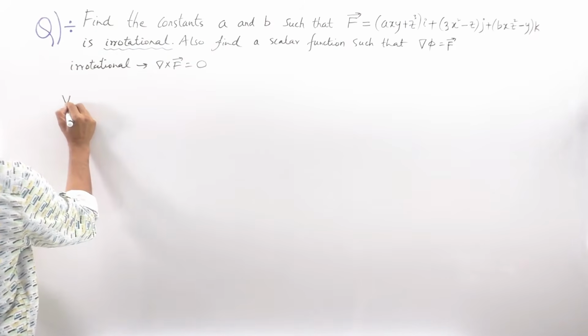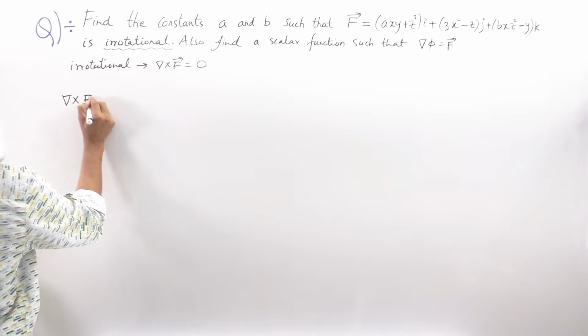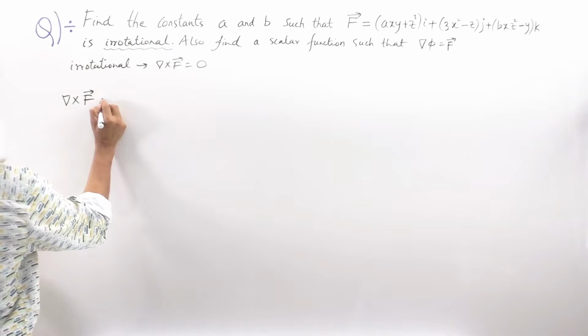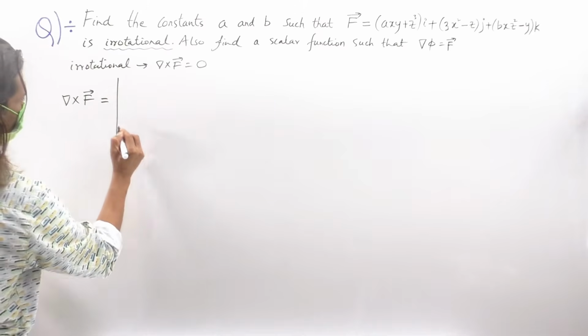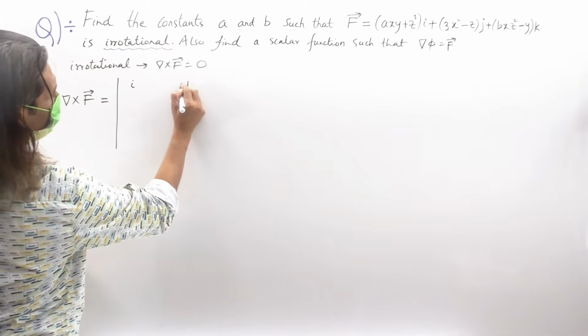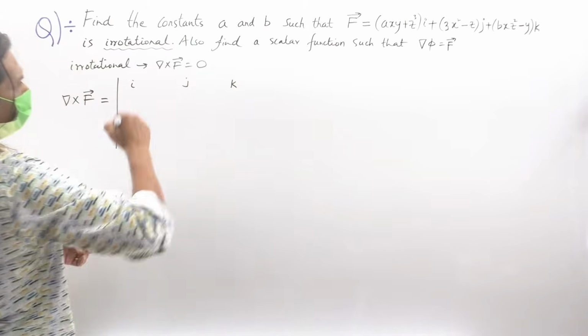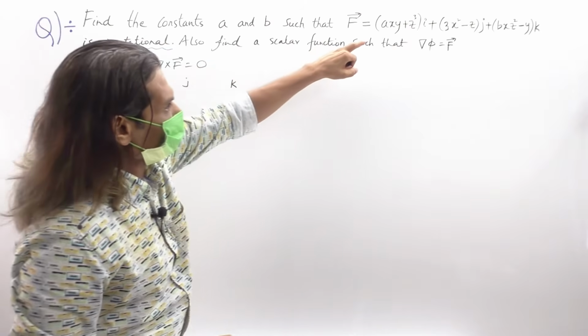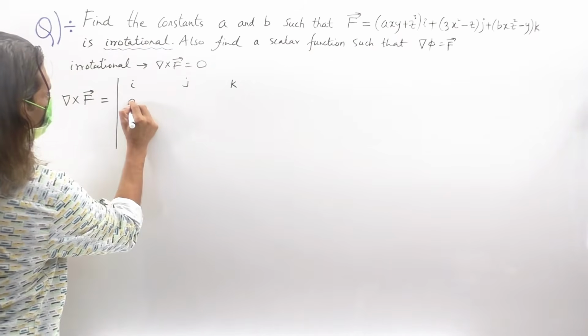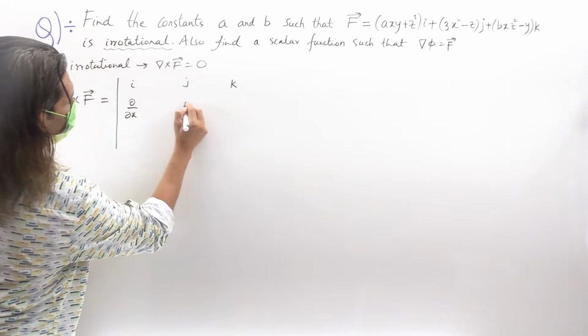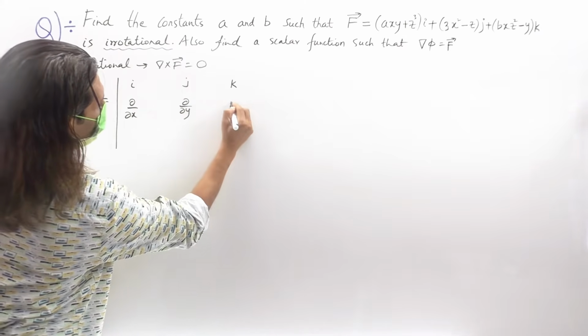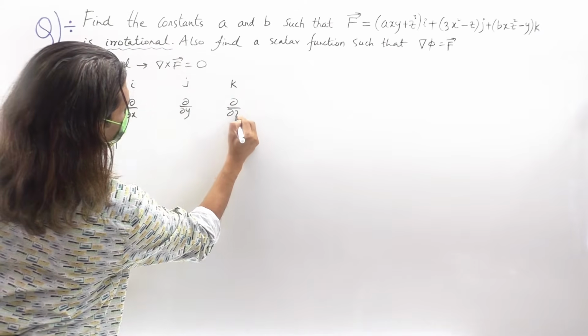So we have del cross f equals the determinant with i, j, k, and below this dou by dou x, dou by dou y and dou by dou z.